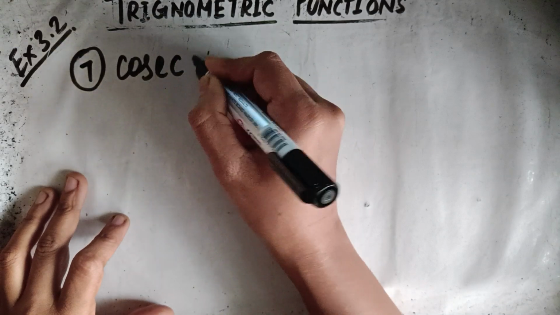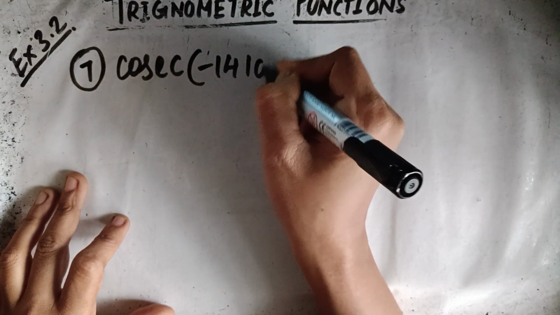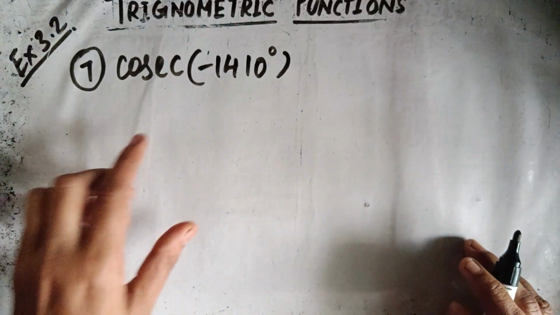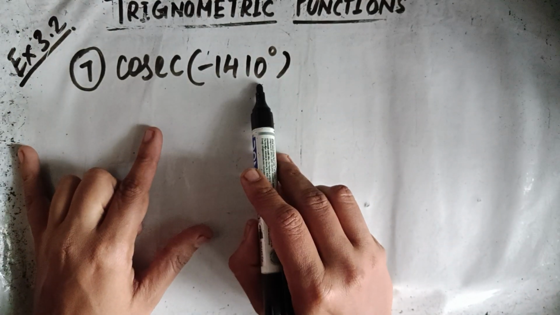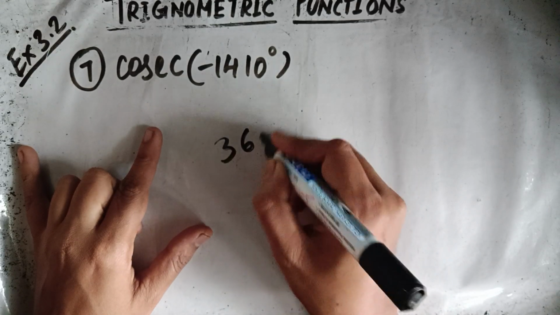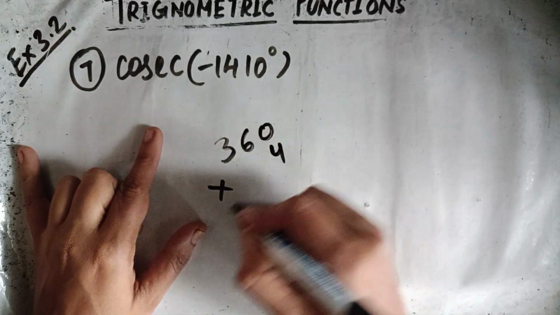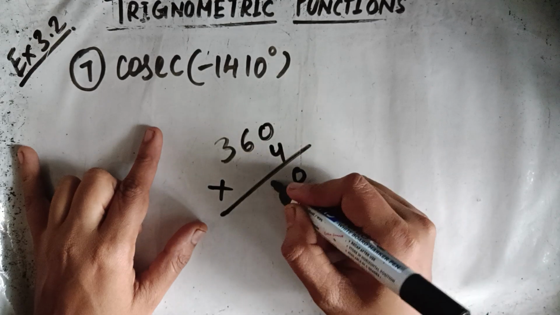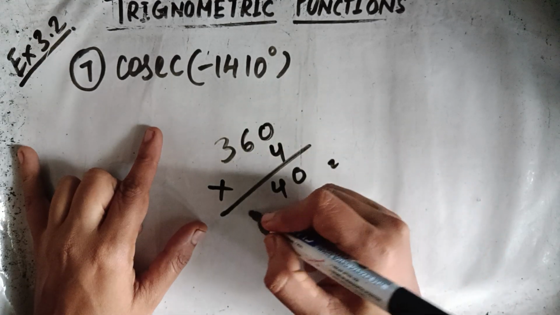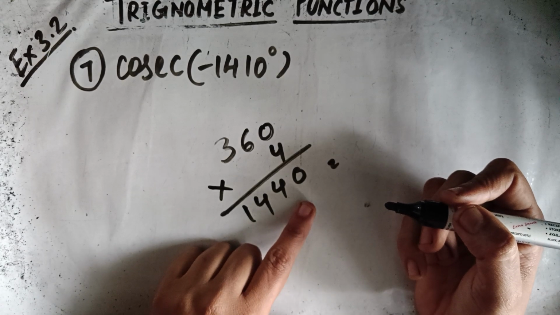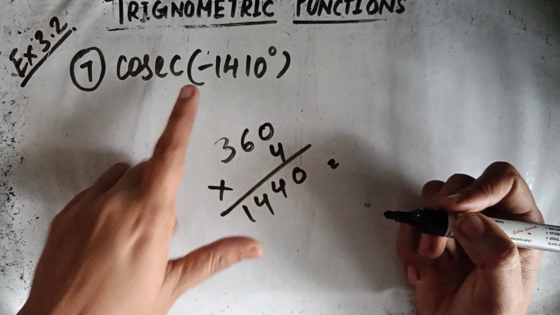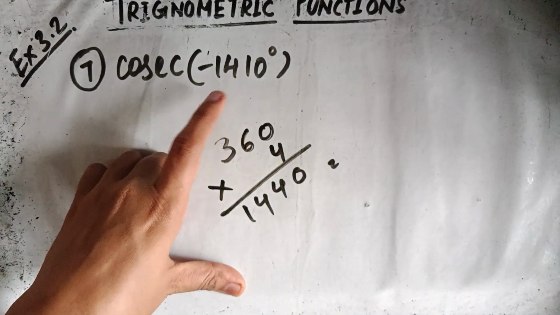cosec of minus 1410 degree. Again you have to find a number which is closer to this number in the table of 360. Okay. So this is closer. So 1440 minus 1410, you'll get 30. Okay.